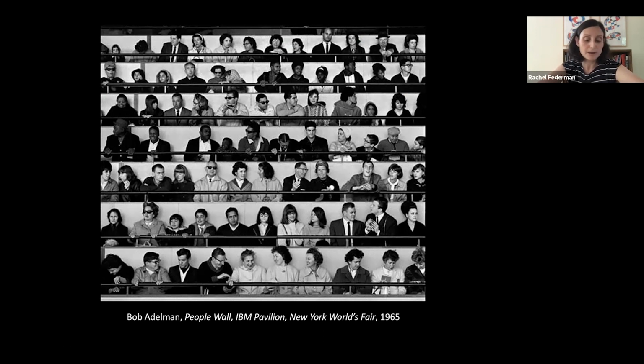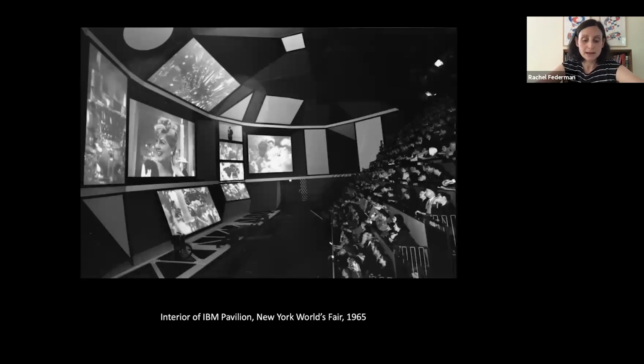This iconic photo by Bob Edelman shows the so-called People Wall, which lifted the crowd into an egg-shaped pavilion. Once inside, they were surrounded by projections on 15 screens, which collectively conveyed the speed and efficiency, but also the humanity of computing.